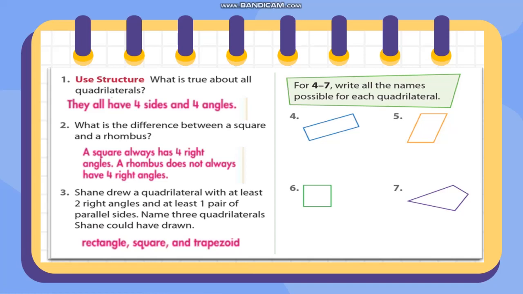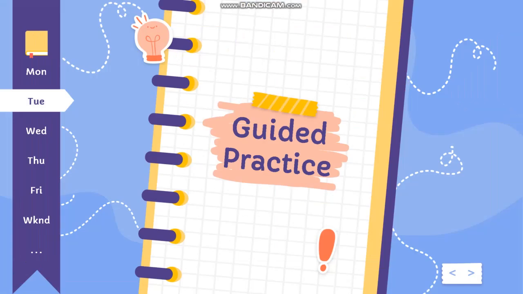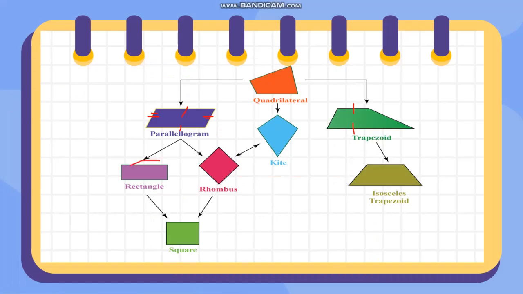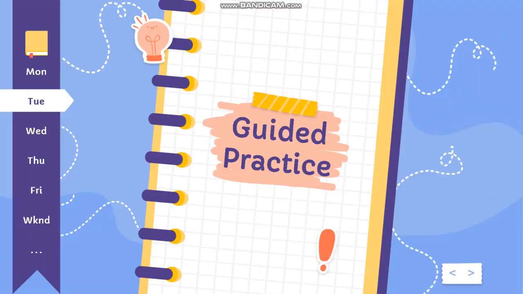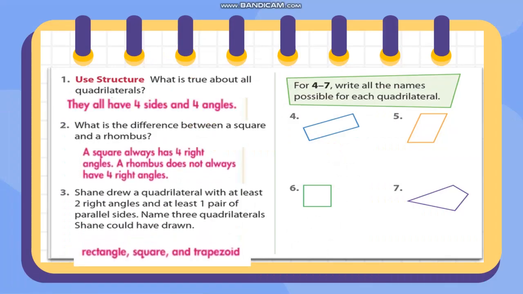Family of parallelogram and also a quadrilateral. That's why the answer is rectangle, parallelogram, and quadrilateral. Okay, so as you can see from the family tree going up, from rectangle, family of parallelogram, and family of quadrilateral. Okay, so let's proceed.